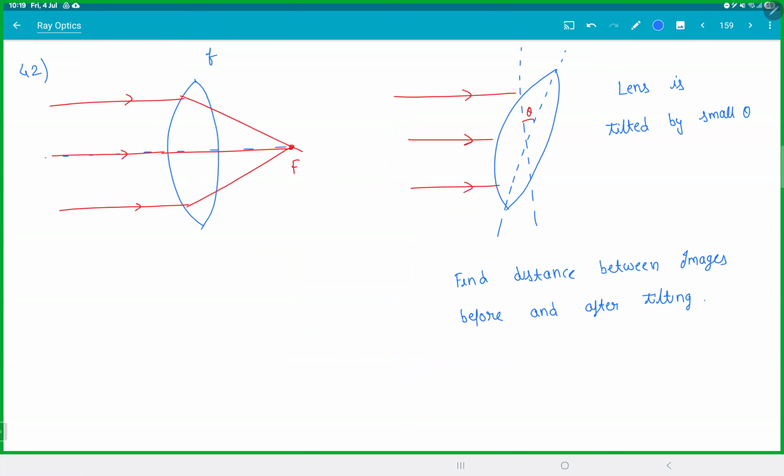Think. I'll give you a minute. How do we approach this?